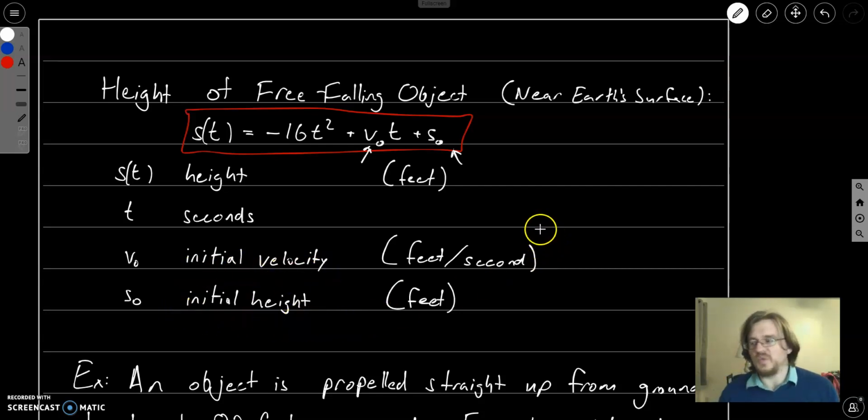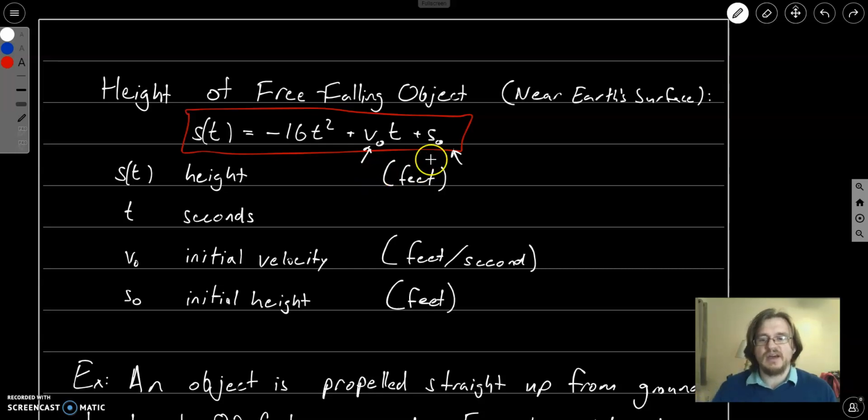So for example, if we were going to throw a baseball up into the air, we apply a little bit of force to begin with, but once the ball leaves our hand, the only thing affecting it is gravity. So the v naught is going to be the initial speed of the object. And if we're throwing a baseball up into the air, it will have a positive velocity.